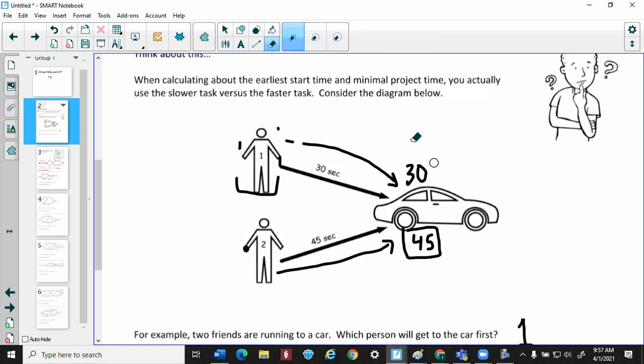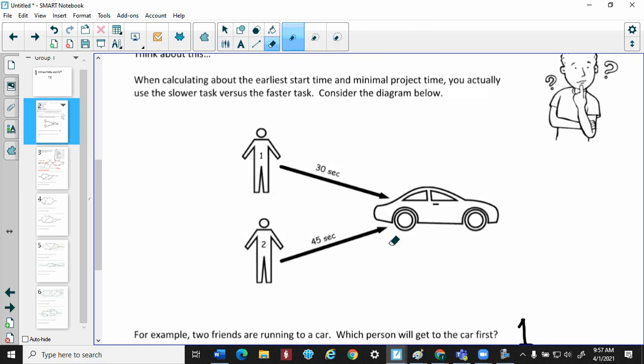One friend is getting there a lot faster than the other, but remember, person 2 had the keys. So here's the thing you need to pay attention to. Even though A got to the car at 30 seconds, the car's not going to start until friend 2 gets there at 45 seconds. So what that means is A is just sitting around waiting on person 2. So basically, the slowest person is going to set the time, okay?